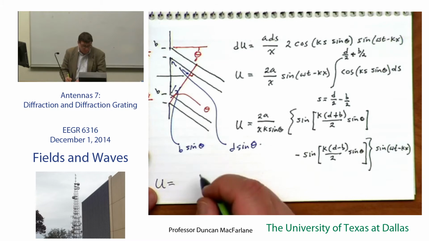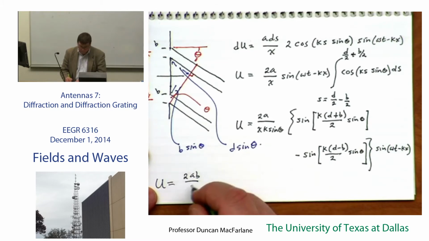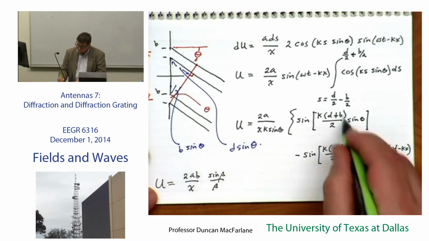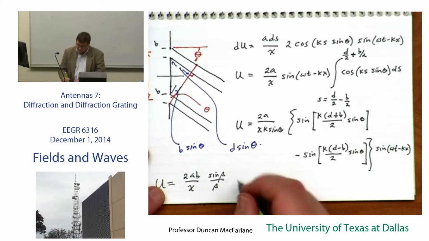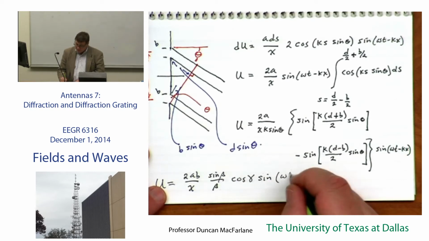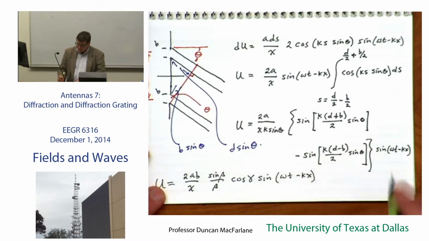So u will equal twice ab times x times the sine beta over beta. That comes in play from this b. I have a new modulating term, cosine gamma, and then I have the sine of omega t minus kx.